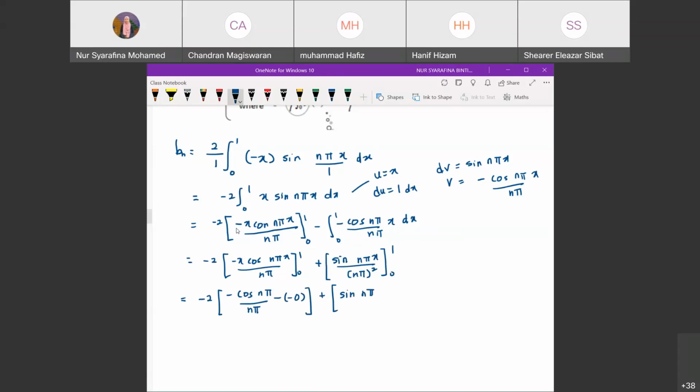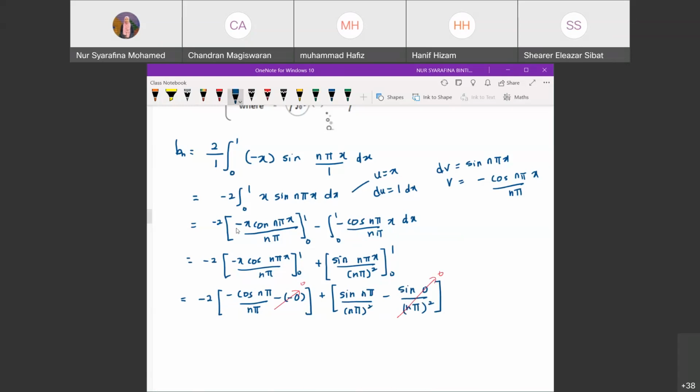Sine n pi over n pi squared minus sine 0. All right, then this is 0, right? This is also 0.